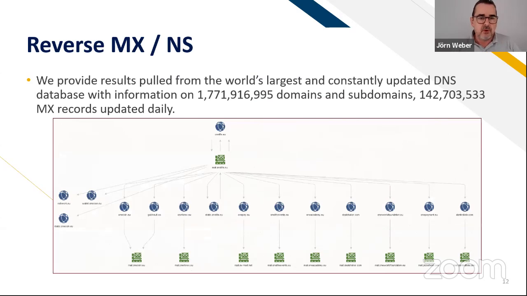The same, what I just said, is for this reverse MX, so mail server and name server. I also think this is a great opportunity for identifying networks, how things belong together. So this is about my crypto lady that we talk about in a few minutes, and one of the domains. And the mail server is connected to a lot of other domains.